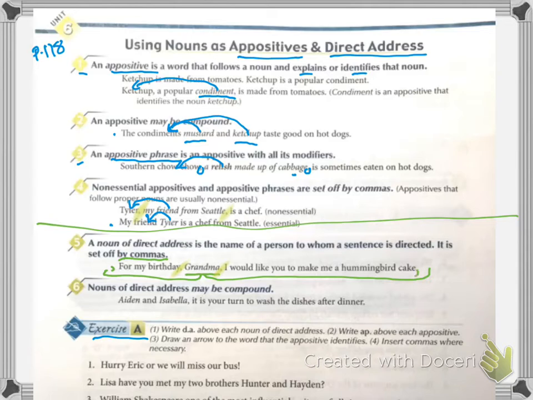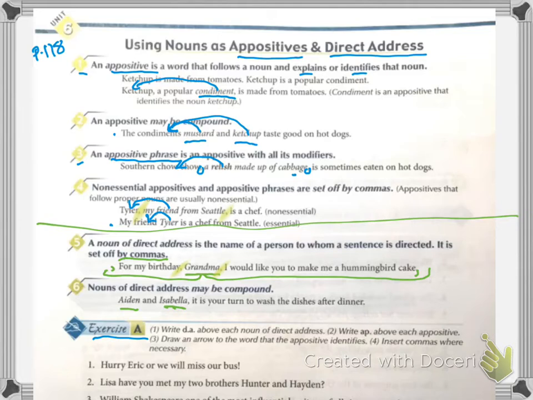In both cases, you're going to set it apart from the rest of the sentence with a comma. Finally, nouns of direct address may also be compound. Aiden and Isabella, it is your turn to wash the dishes after dinner. Who am I directing this to? Two people, Aiden and Isabella. So a compound noun of direct address, two of them.